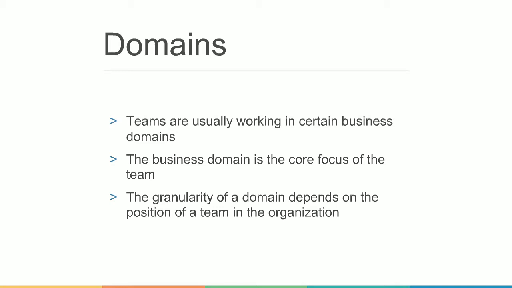So basically, the heart of the domain should be reflected in the software you're writing. And usually, teams are working in certain business domains. And this domain should be the core focus of a given team.